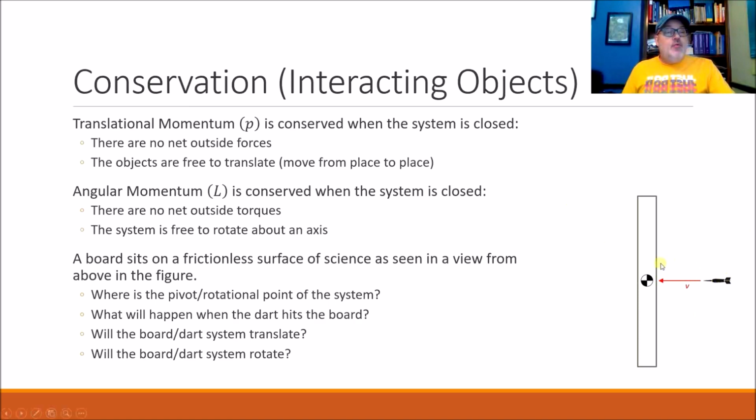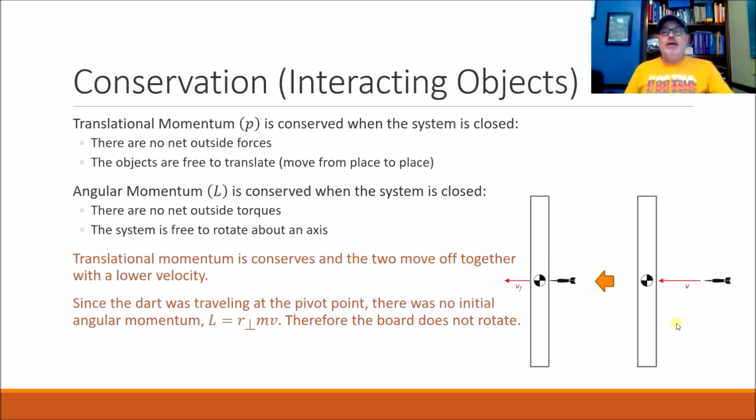However, we have two objects that are interacting, so the object should translate forward afterwards. So it should look something like this. Translational momentum, when the dart hits, should be conserved. So the board will speed up and the dart will slow down to a common velocity at the end. m v of the dart before equals (m plus M) v of the dart-board system afterwards.